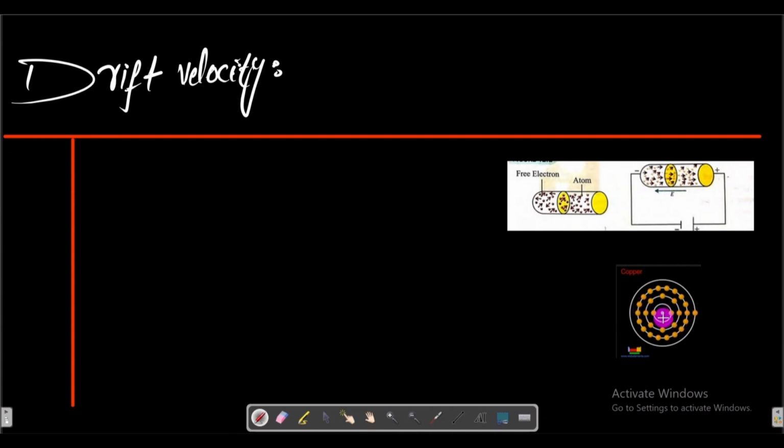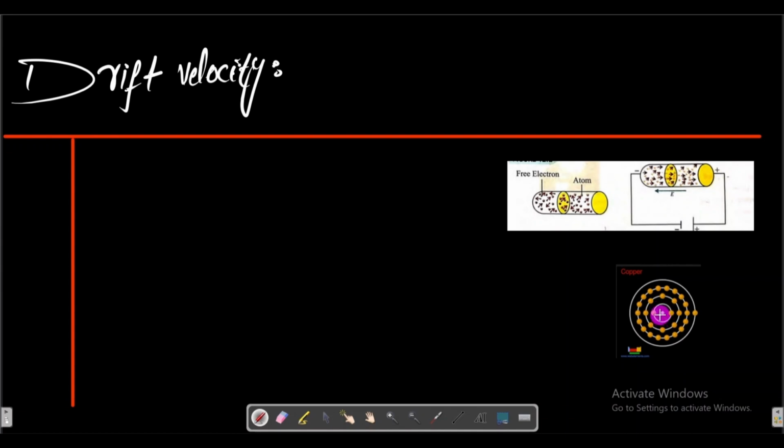Inside this copper atom we have a nucleus present at the center, and there is a large number of positive charges as protons present inside that nucleus, and those positive charges are surrounded by a large number of electrons.